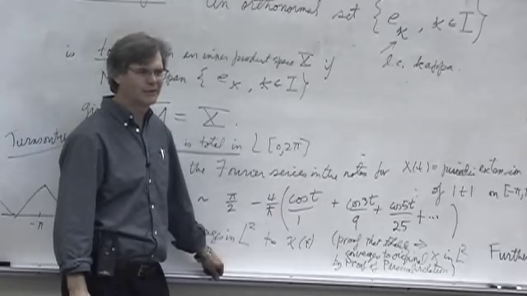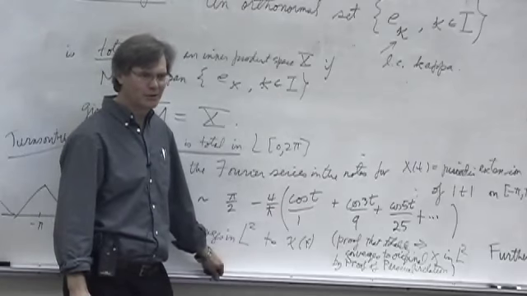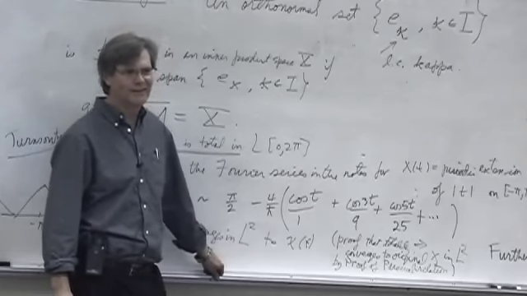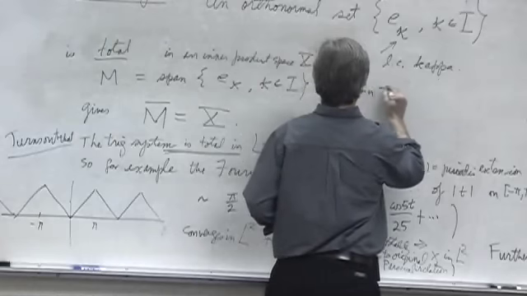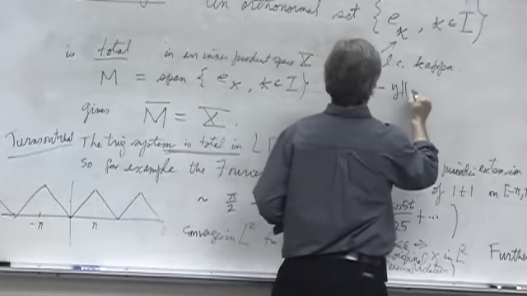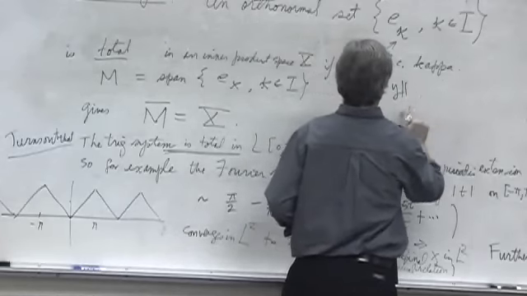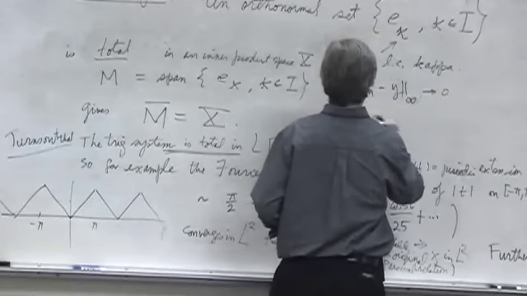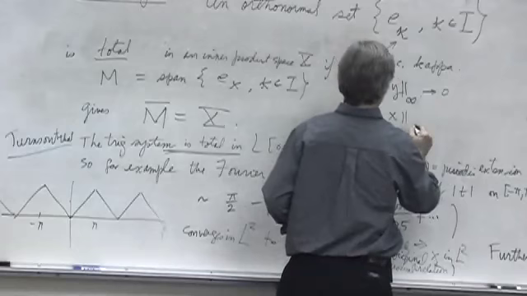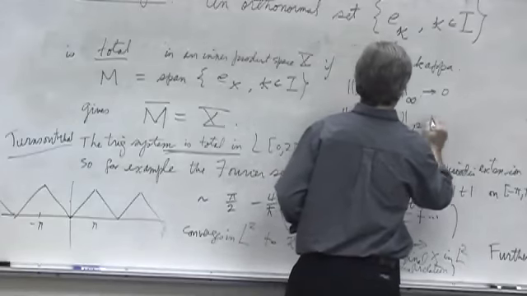To the original function pointwise. So you have Sn minus y, in the uniform norm, going to 0. You have Sn minus x in L2 going to 0.